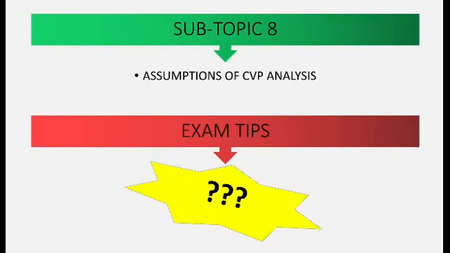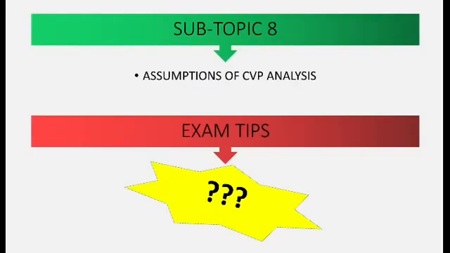For example, it is assumed that the unit variable cost is the same, no matter how many units of production are made by a business. And also the price of a product is the same, no matter how many units or quantity a business sells. There are several more, I think 2 more assumptions.